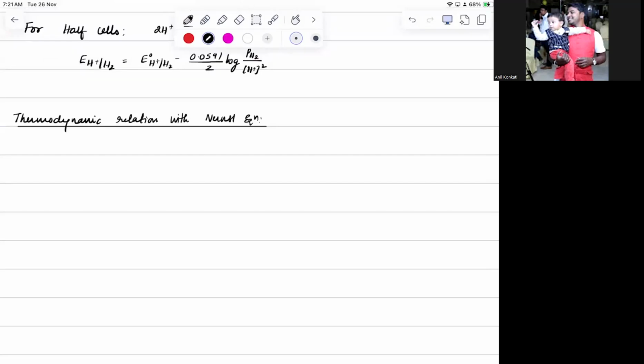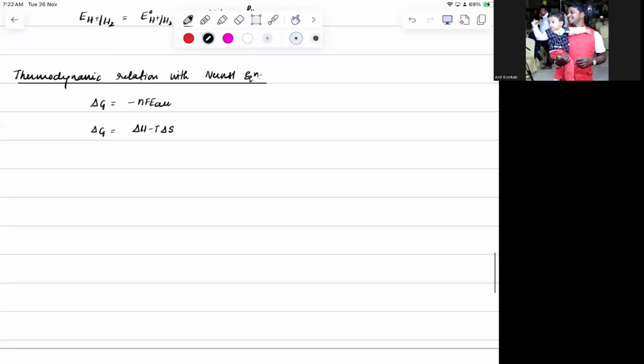See, we know that delta G can be represented as minus nF E cell, and you know that delta G can also be written as delta H minus T delta S. So if I differentiate this delta G with respect to temperature, this is a constant value that will become 0 and this will become delta S. So from here we could write delta S is equal to minus dou of delta G by dou T. Hence, delta G can be rewritten as delta H, and this minus minus will become plus, T into dou of delta G by dou T.